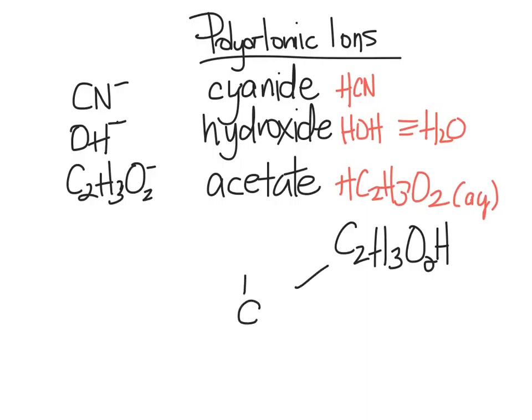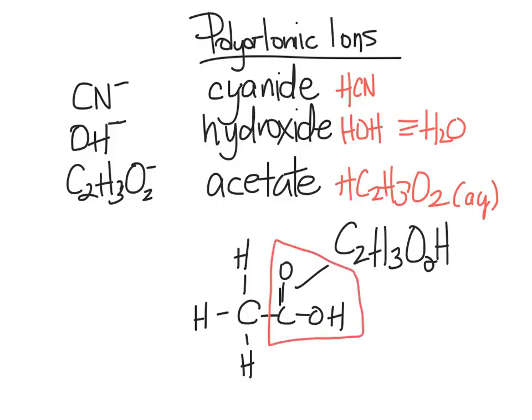Its structural formula is actually that. A functional group is a group of atoms that determine what type of compound you are. In organic chemistry, this is the functional group for an acid. And that H is the H that pops off as an H+.